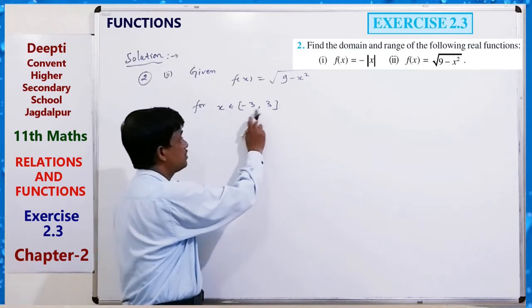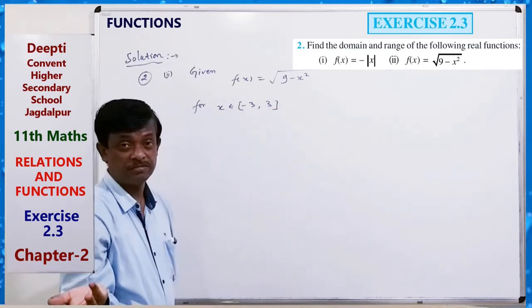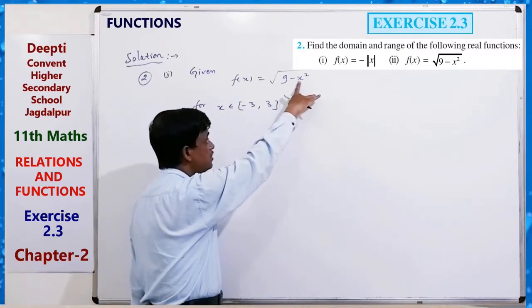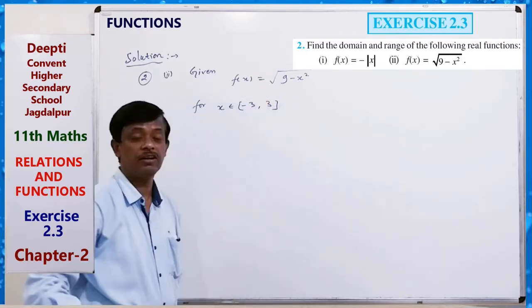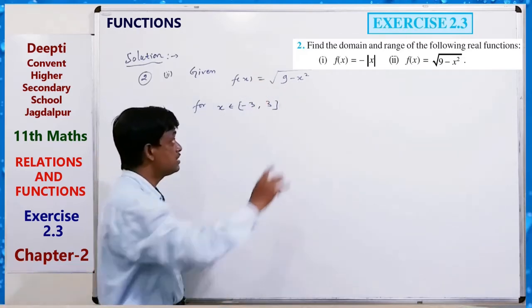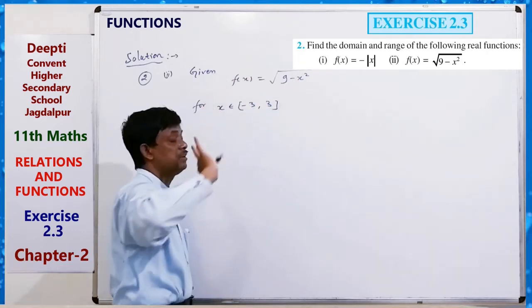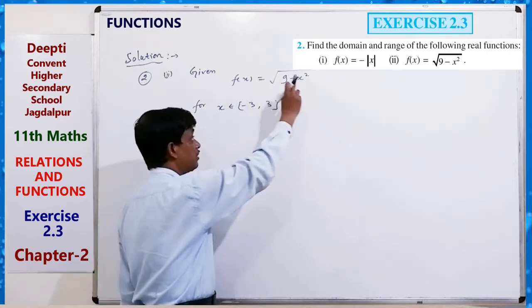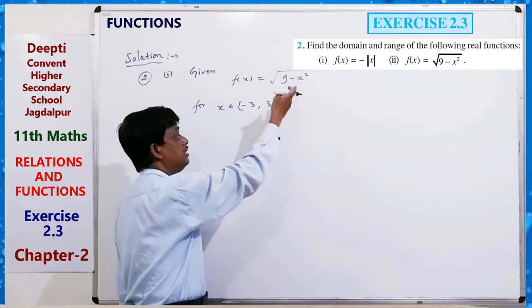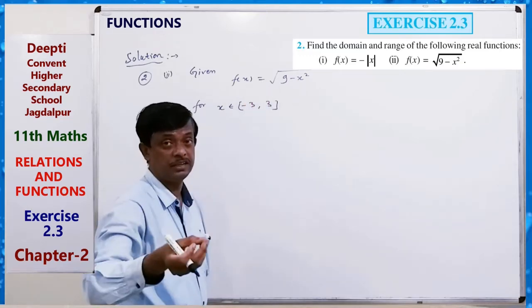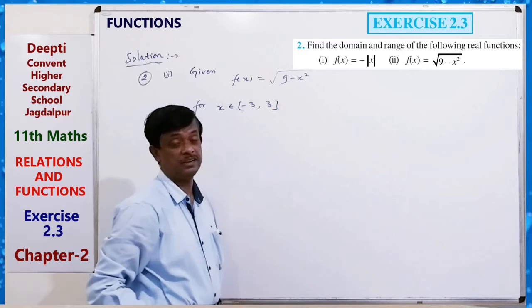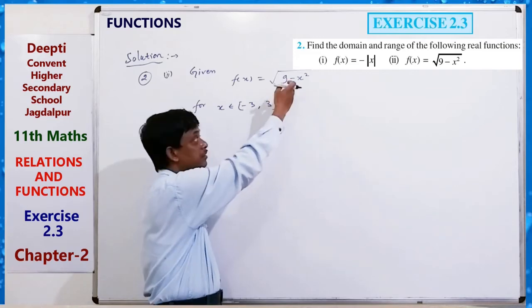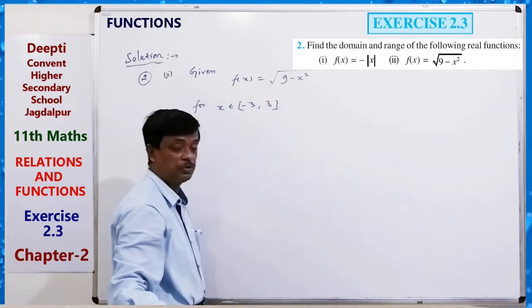If x belongs to minus 3 to 3, then we can see that x square should be less than 9 or equal to 9. Less than means 9 minus something positive. If x is minus 3 or plus 3, then the square root of 0 is 0, and for values less than 9 the value will go up to 0.